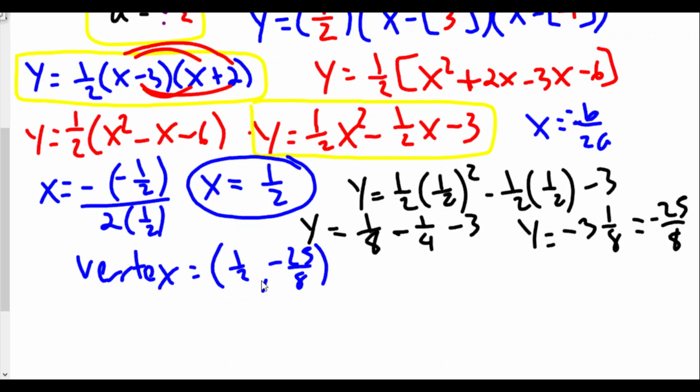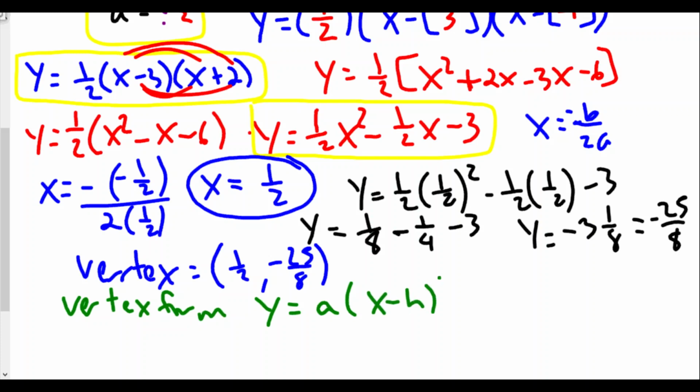And the vertex form is really going to be y equals a times (x minus h) squared plus k, where h comma k is the vertex.